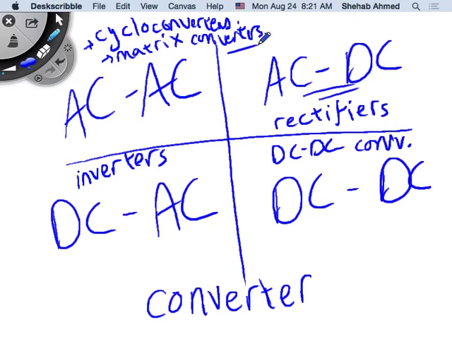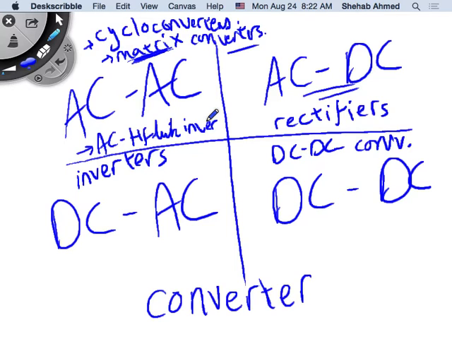Right now the hot topic that people are working on is something very similar to a matrix converter that they call an AC high frequency link inverter. All of these are different types of AC to AC converters. So these would be the general four families that we're going to study, and we will cover all four classes of converters in the course, right?